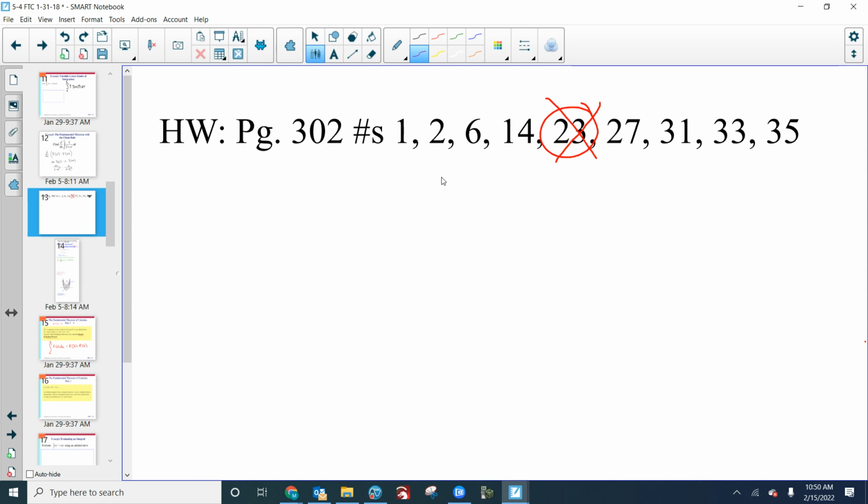Just plug an x in there. 3x plus cosine of x squared. Cosine of x squared is not the same as cosine squared x. Okay? Cosine of x squared, x is being squared, not the whole thing. All right? Just x is being squared.